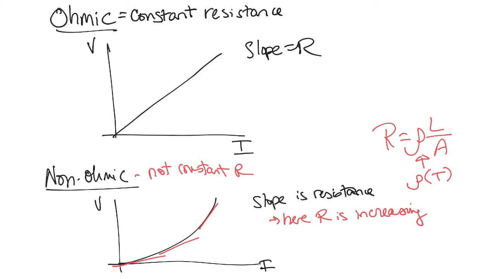If you have a light bulb and you get a certain current when applied a certain voltage, like down here, this is called the cold resistance, and then up here is the hot resistance. So you can see that R increases as temperature increases, and hopefully that makes some sense.